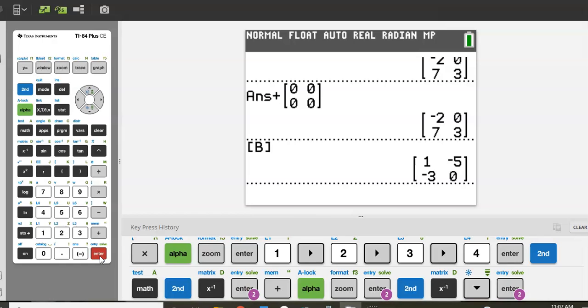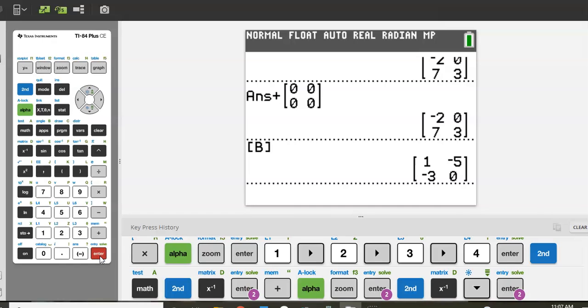Okay, so I'm going to show you a property of matrices, and that would be that matrices are associative. Let's say that we even had a third one in there. I'd call it C, and C will be my 1, 2, 3, 4 matrix.